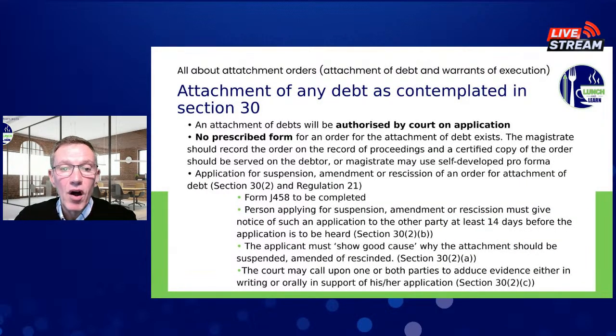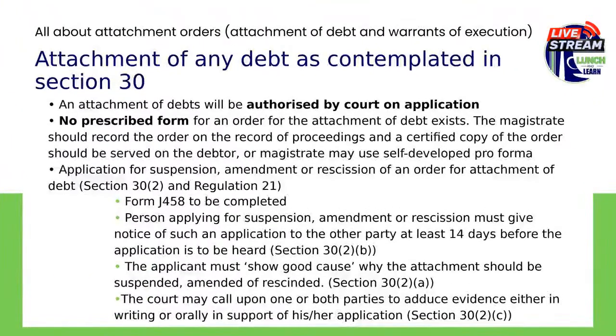Just a couple of general remarks regarding the attachment of any debts. As contemplated in Section 30, obviously the attachment of debts needs to be authorized by the court upon application. Again, it is an application that you need to bring to court. You fill in the J306 form, and you instruct the maintenance officer that there is money due to the respondent that could be attached.